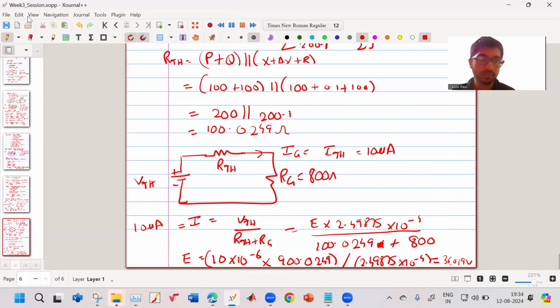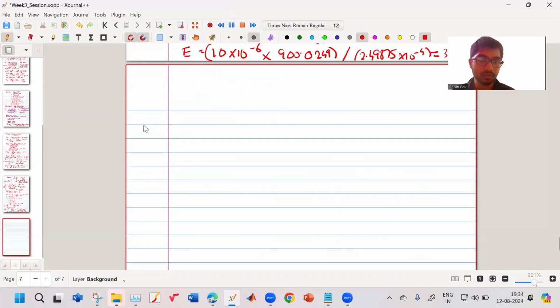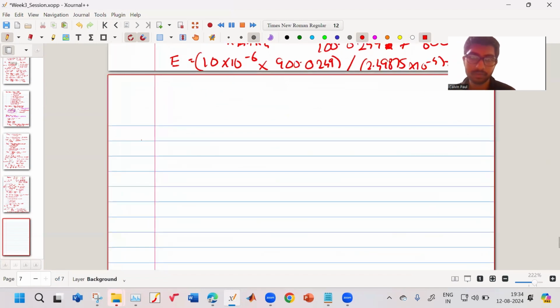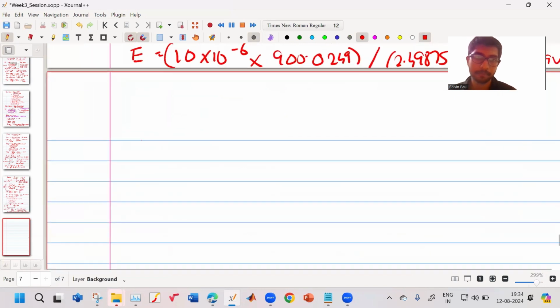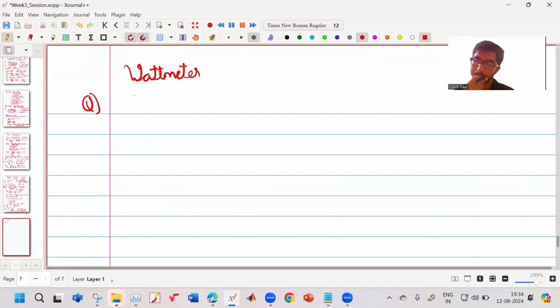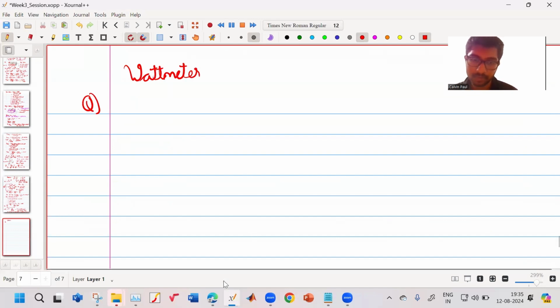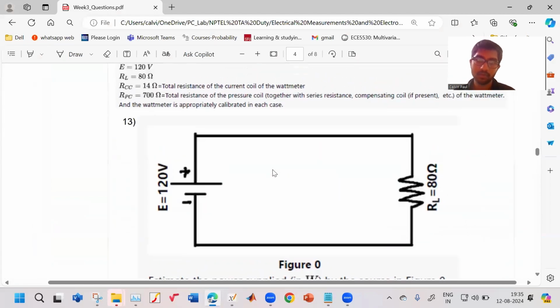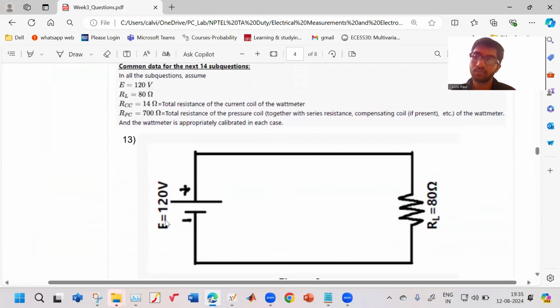Now we will consider some questions regarding a wattmeter. Suppose we have this voltage of 120 volt and there's a RL of 80 ohm.